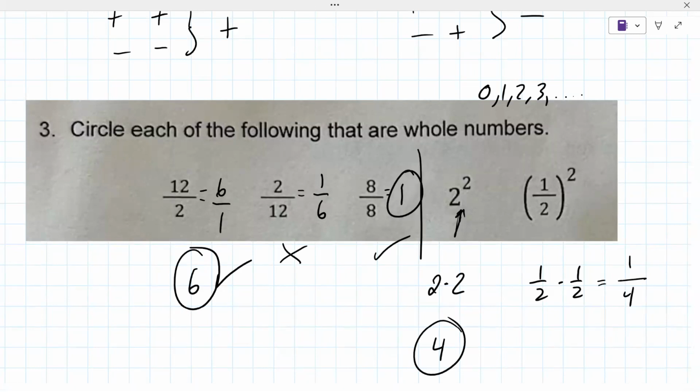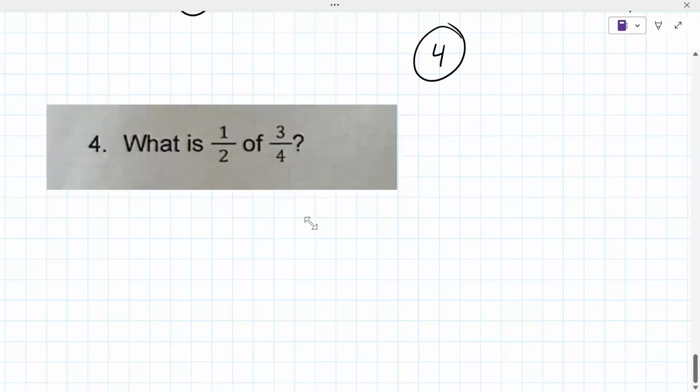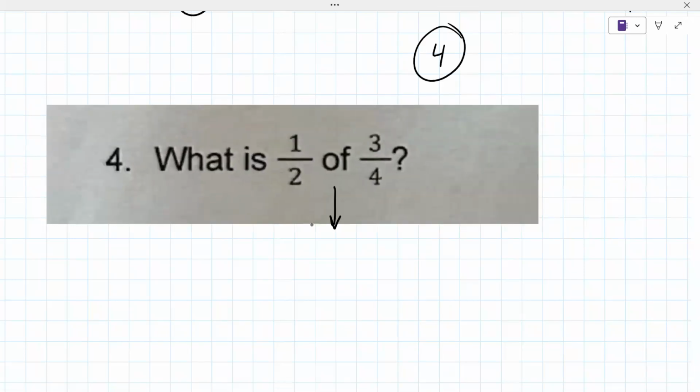All right. Very good. Number 4. What is 1/2 of 3/4? So of means multiplication. So 1/2 times 3/4. Yes.